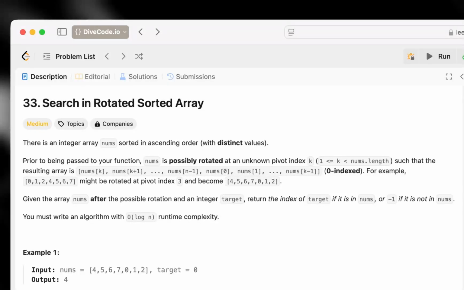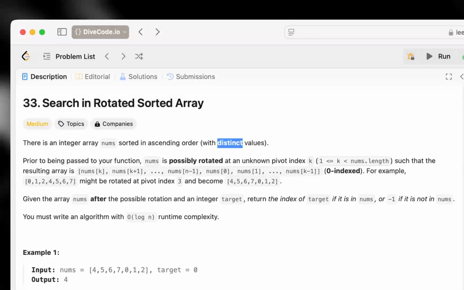So, first of all, to understand the problem, let's start by reading the problem statement. There is an integer array nums sorted in ascending order with distinct values.